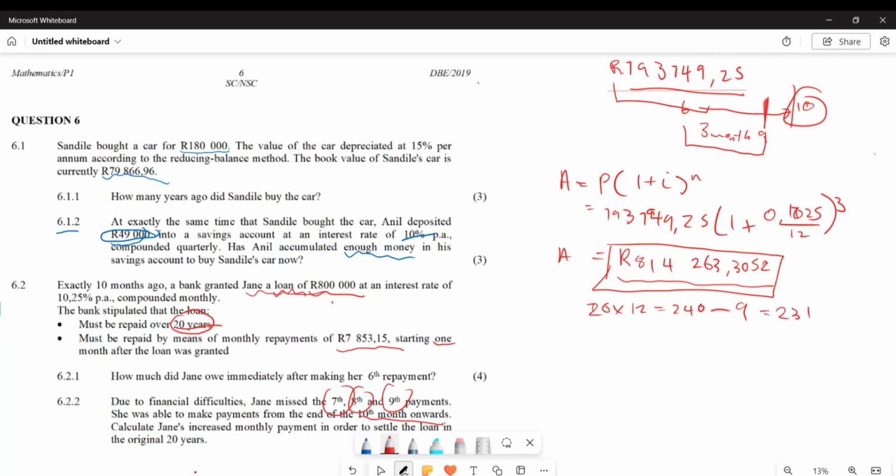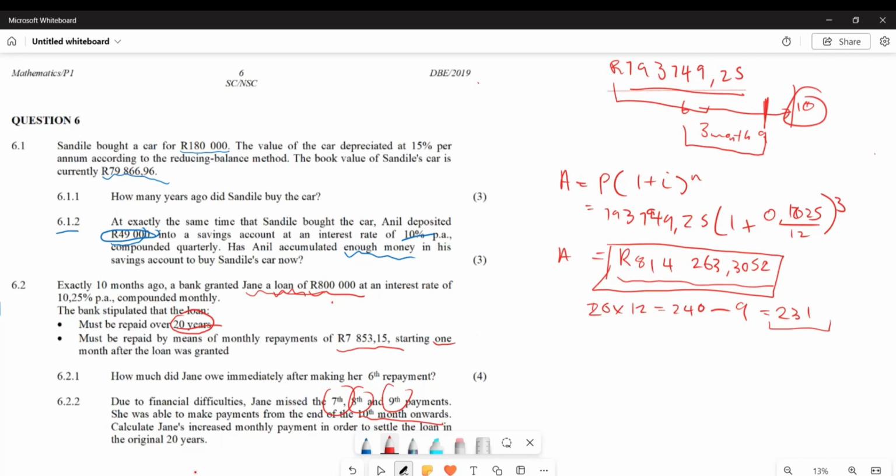So for these 231 remaining months, how much monthly installment must Jane be in a position to pay, so that she also covers for the 3 months that she missed.